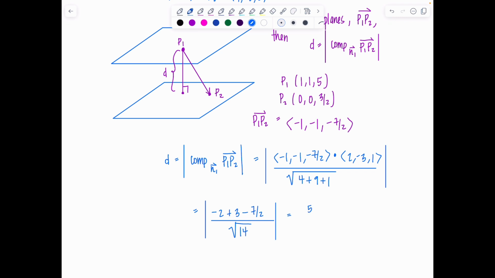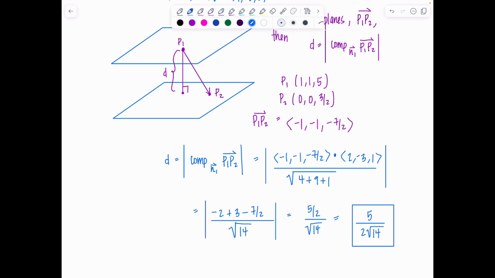Taking the absolute value is 5/2 over rad 14. So then I would just write for the final answer, this is 5 over 2 rad 14. Boom. There's our distance. Okay.